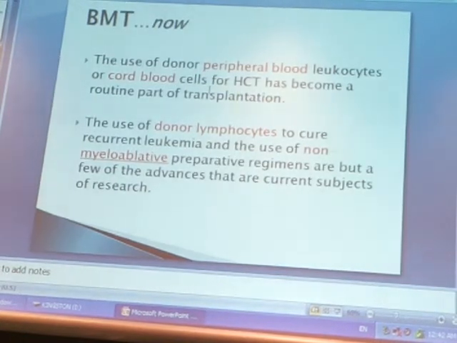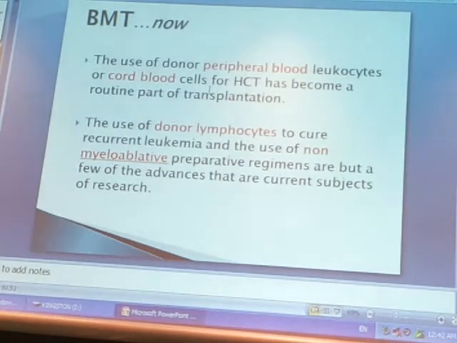So we have two ways of attacking the disease, by giving high-dose radiotherapy or chemotherapy or both, plus the effect of the donor lymphocytes attacking the malignant cells of the recipient. That's why we use peripheral blood stem cells for malignant conditions, and we use stem cells from the bone marrow for benign conditions.